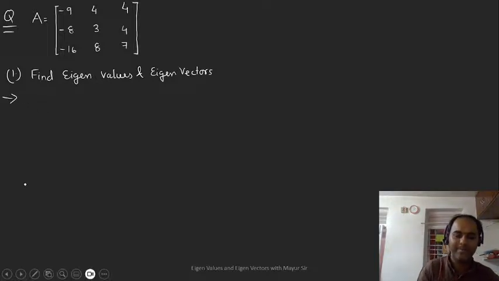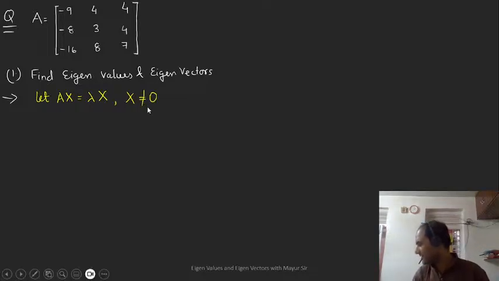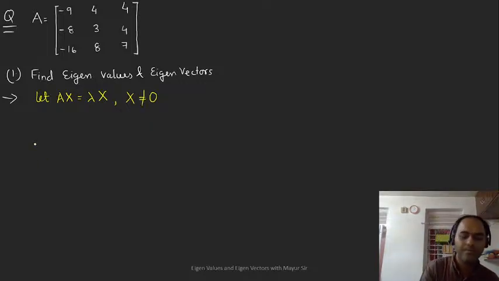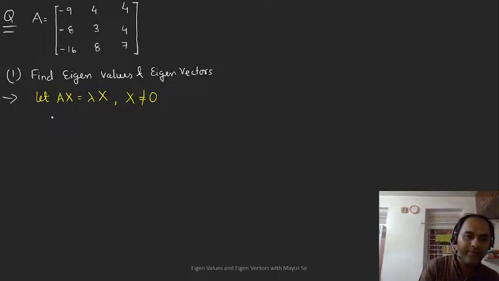Answer. The first step, the standard fixed step, which you must write in every question: let Ax equal lambda x, x not equal to 0. Next, we write determinant of A minus lambda I equal to 0.